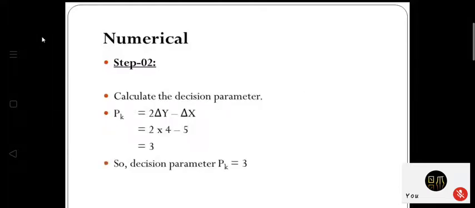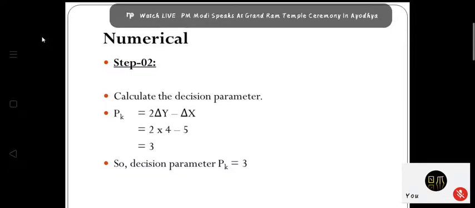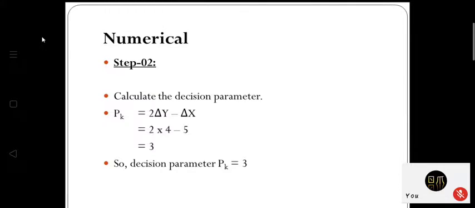The operation you will perform first is multiplication, and then you subtract. So 8 minus 5 will give you the P of k value as 3. So you have obtained a positive decision parameter.